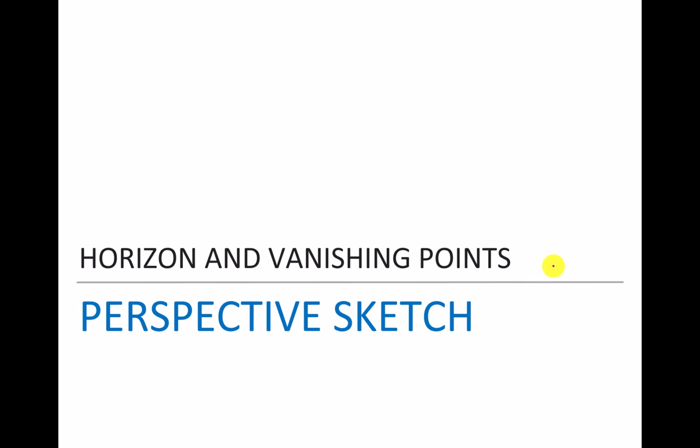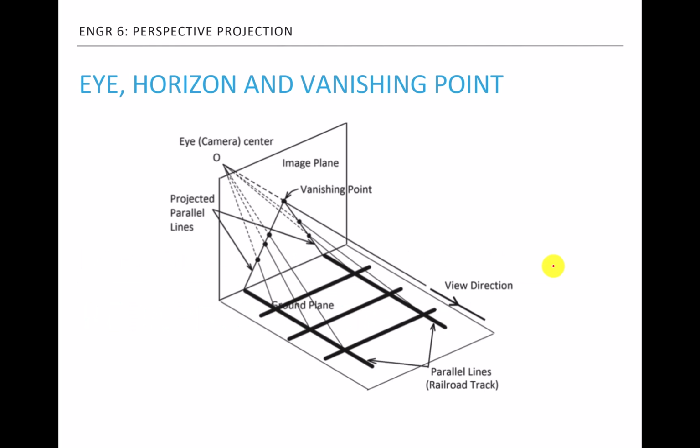So let's look further at how the perspective projection works. To do that, we have to understand the horizon and vanishing points. Here we have this railroad track at the bottom, and you're standing in the back.